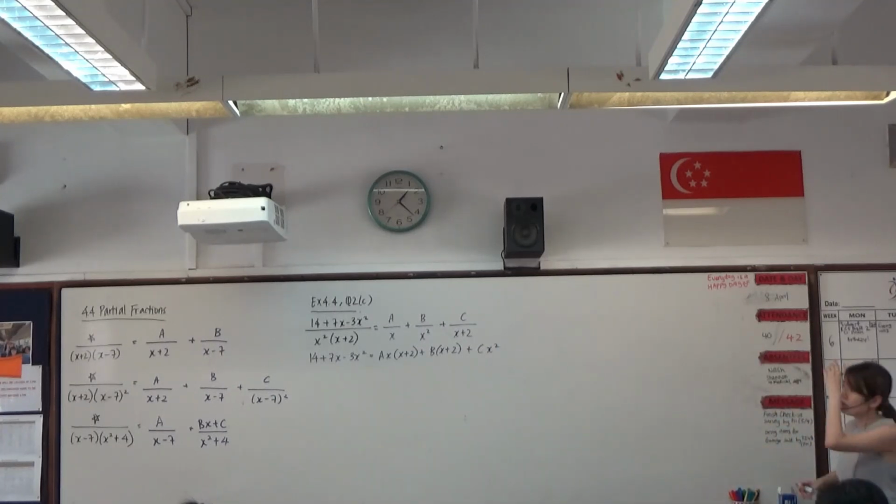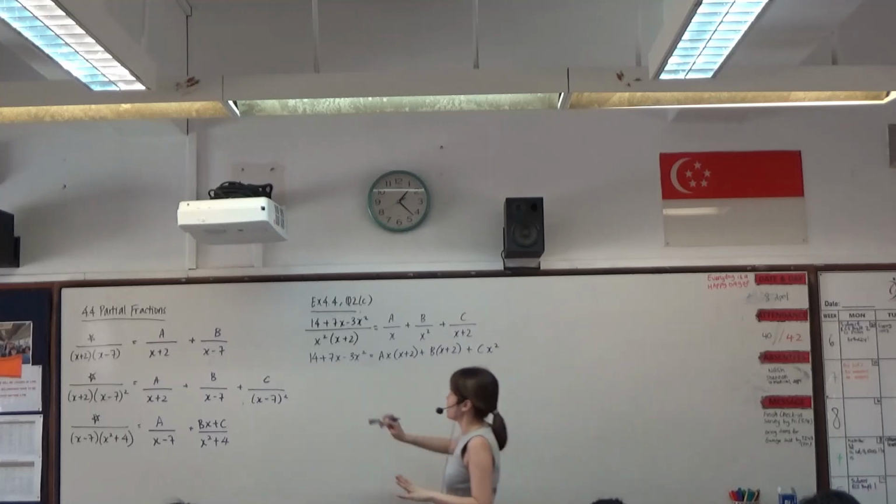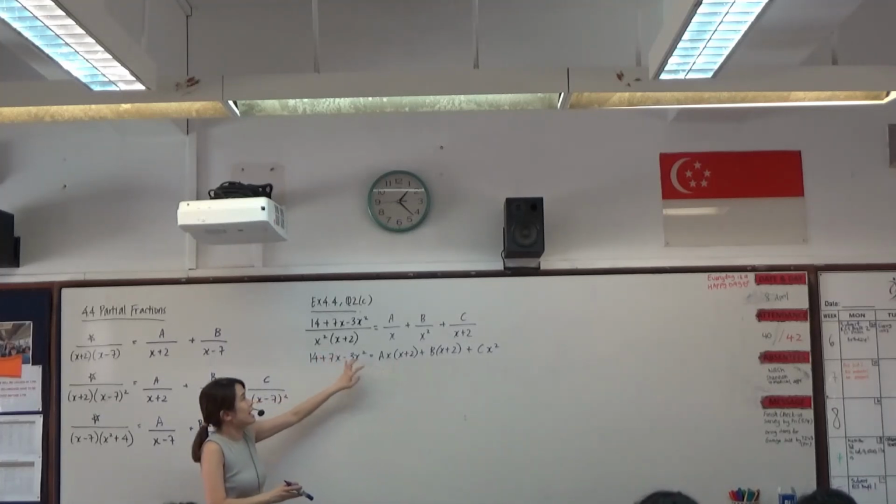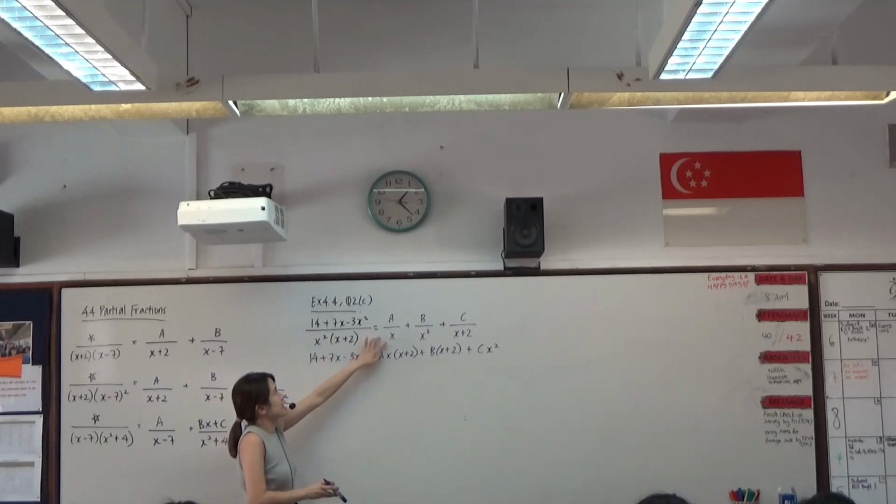I'm multiplying across every single fraction by x squared times x plus 2. So these are all the remaining parts, after cancelling out this x.